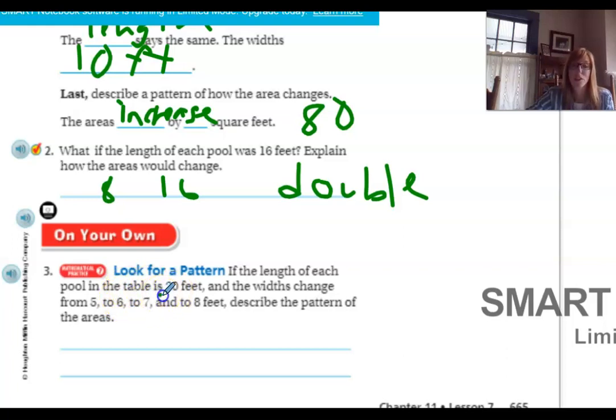So the area is going to increase by 20 feet, from 100 to 120 to 140 to 160. So this would be 20 times 5, 20 times 6, 20 times 7, 20 times 8. So it would be increasing by 20.